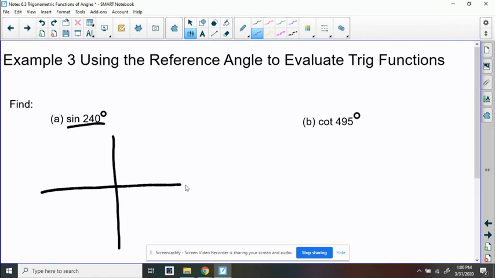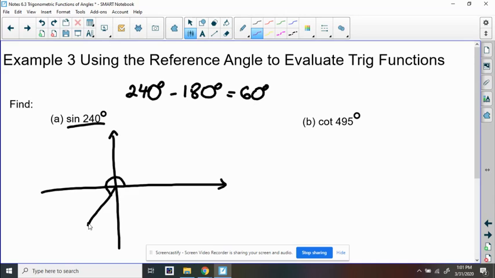We went more than 180 degrees, so more than half a circle, because 240 degrees minus 180 degrees is 60 degrees. So we went half of the circle, 180 degrees, and then 60 more. That puts us in the third quadrant.